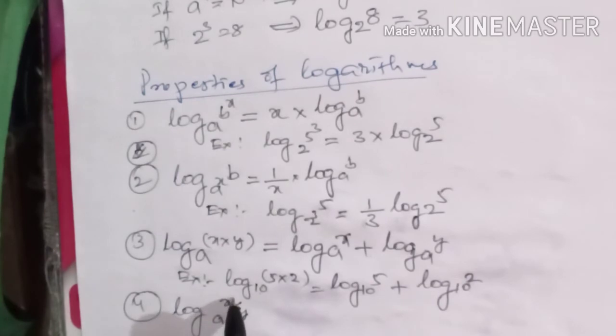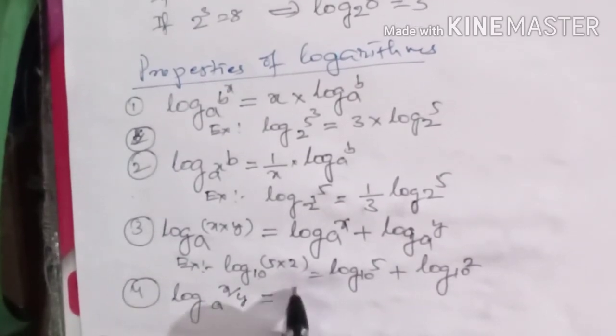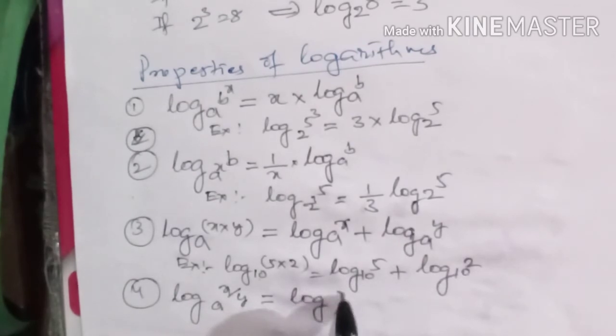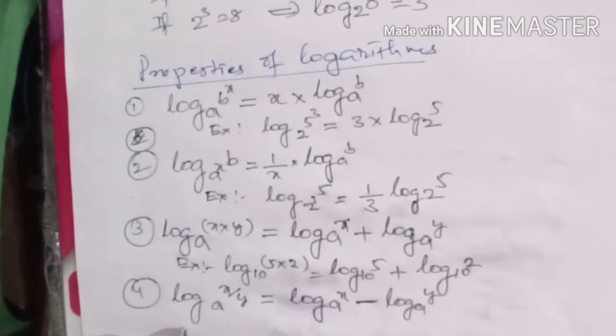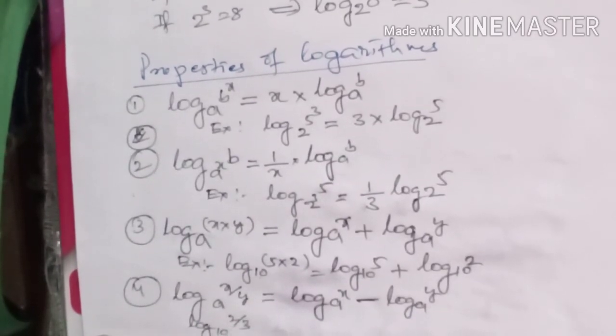Suppose log x divided by y is given, we can write this as log x to the base a minus log y to the base a. For example, log 2 divided by 3 to the base 10.